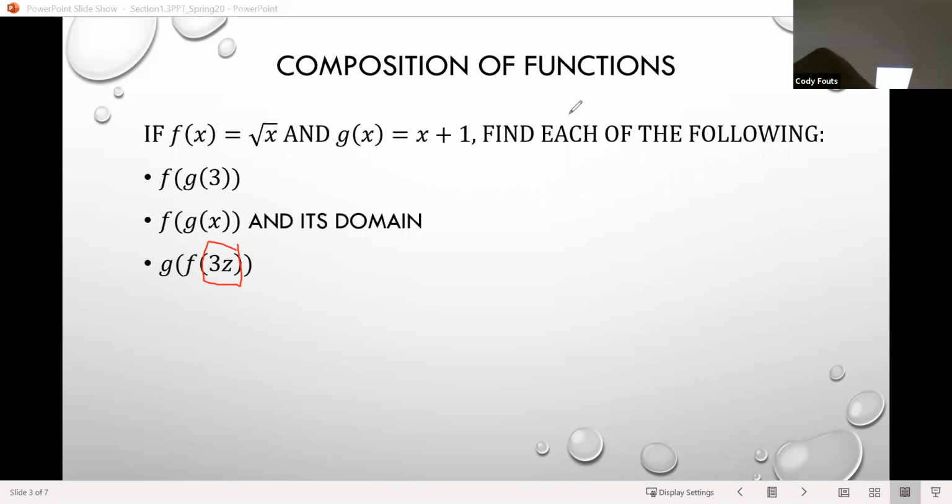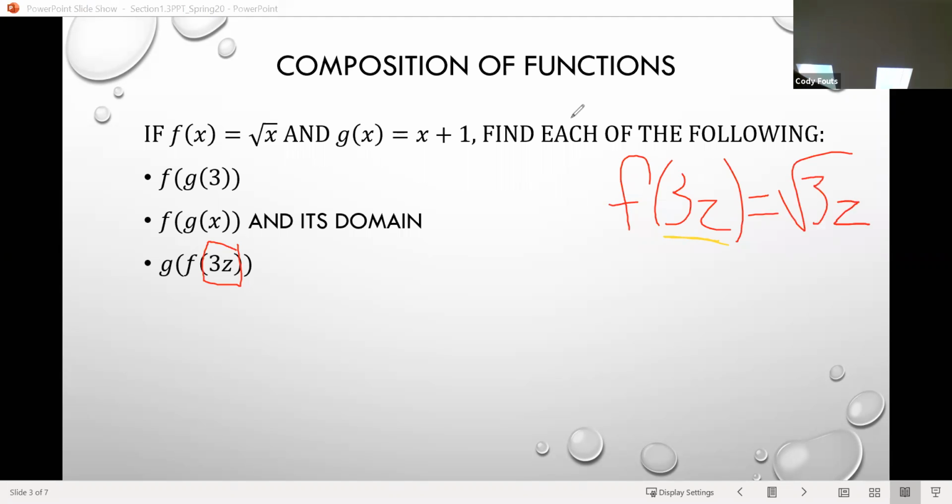So we'll do a little scratch work off to the side. f of 3z means take 3z and plug it into the function f. This will become our input. So we'll have square root of 3z. And so that's what f of 3z is.